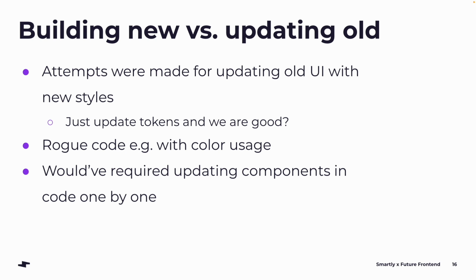Because of some rogue engineers doing some hazy stuff with the colors, for example, with some borders. This caused things to break, because when we just find and replace everything, but then someone has this very specific use case, it caused us to have blue text on a blue background.